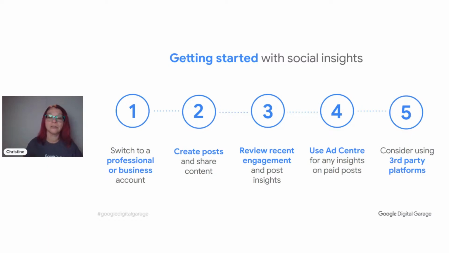As well as Ad Center, which belongs to Meta, there are also other third-party platforms out there. Things like we've mentioned already, Hootsuite. But there are more social media management tools out there: Buffer's out there, Sprout Social's out there. Third-party platforms that help you pull in insights from all the different places that you might have a social media presence. That way you can get additional insights.